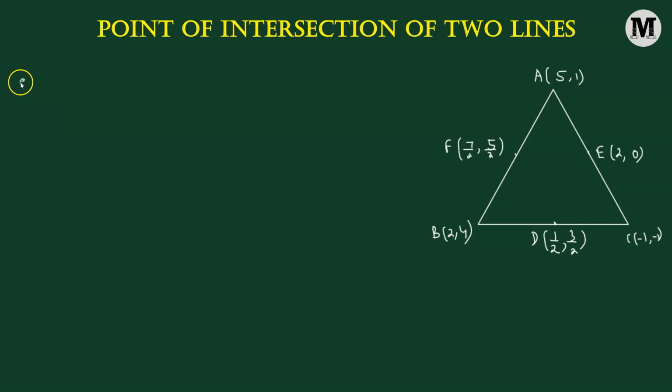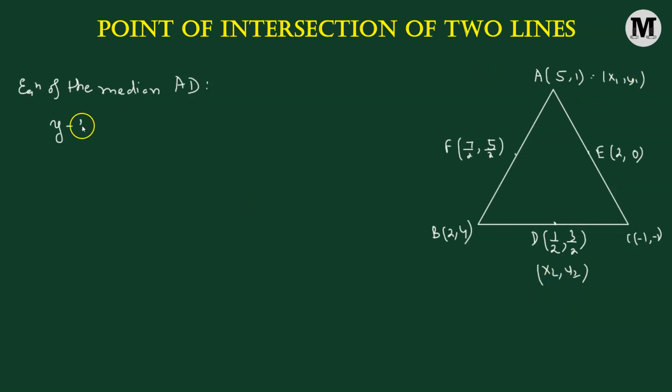Let's first find the equation of the median. We'll start by first finding that of AD. So here we're going to take the help of the 2-point form of a line. So here we have y minus y1. Let's consider this to be x1, y1, and D corresponds to x2, y2, such that we have y minus y1.